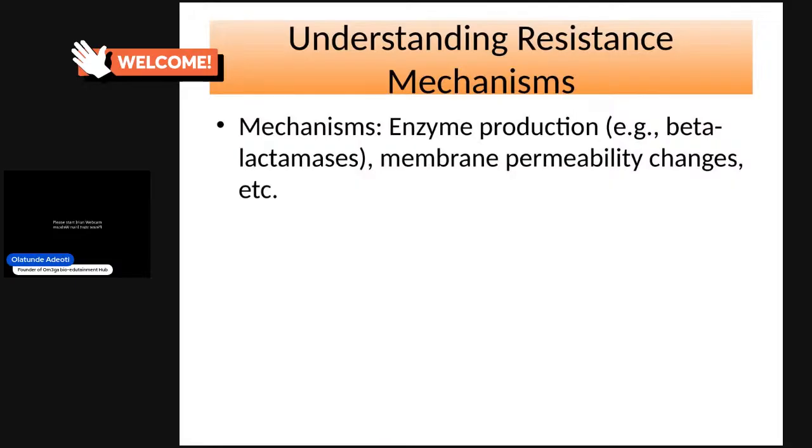So mechanisms include enzyme production. There are some of them that will produce enzymes, like the enzyme they produce to render penicillin inactive, which includes beta-lactamases. Then there are some that change membrane permeability. They will just change the permeability level.